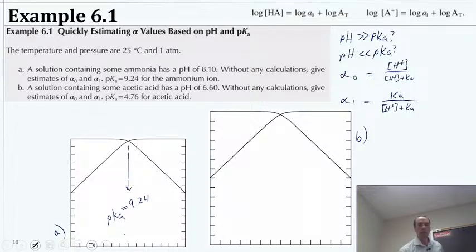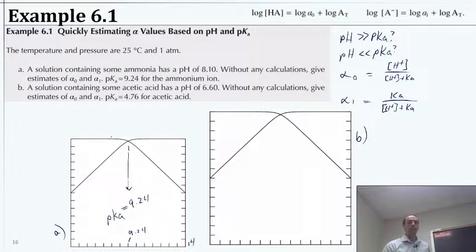If we label the x-axis here as pH, then this right here is 9.24. And somewhere up here is 14. This is probably not 0 because we're not drawing the full scale, but you can imagine it would extend to 0 eventually. Okay, so with that, then find pH 8.1.